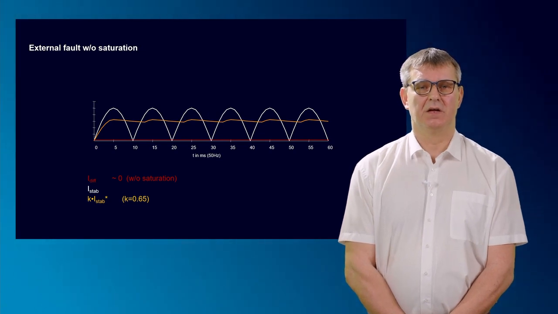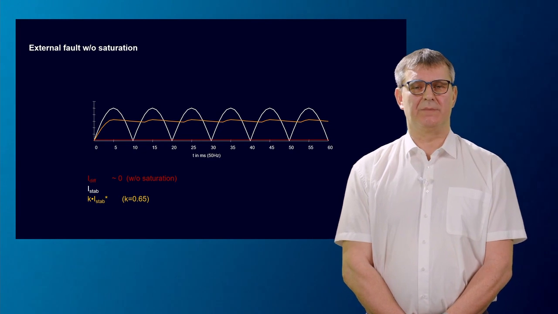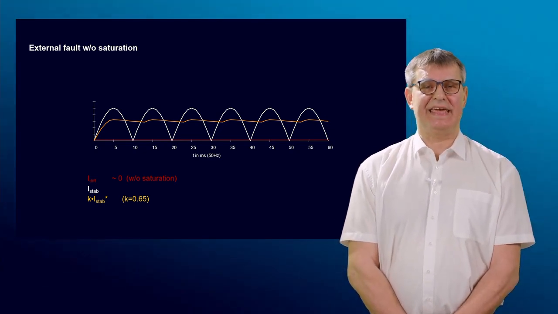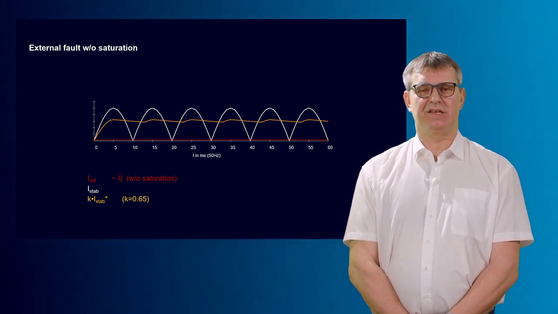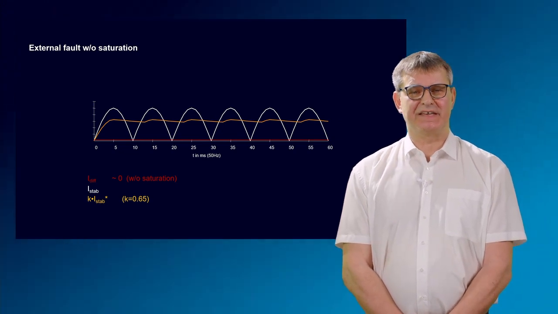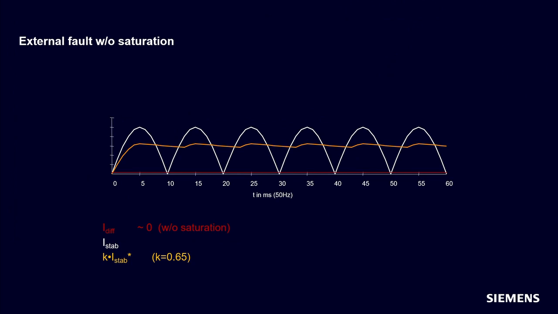Okay. Let's come to some examples with the things we have learned now. Let's come to an external fault without any CT saturation. We see here, it's quite boring, I guess. We see here the differential current is 0 because it's an ideal external fault.